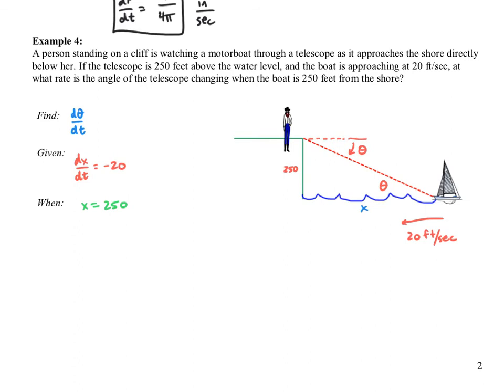So the question is, what equation do we use here? Because we need to relate the angle with the vertical height of 250 and the horizontal distance of x. And so we have a triangle here, and in example 1, we ended up using the Pythagorean theorem. But here we don't want to do that with side lengths because we don't really care about the hypotenuse.